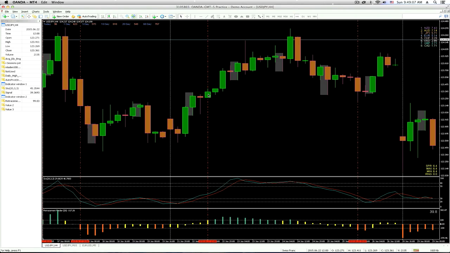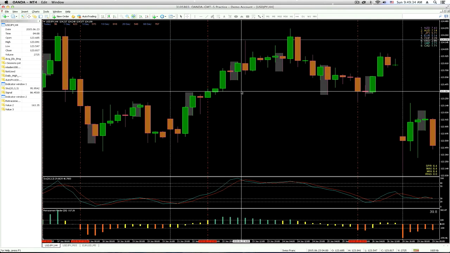I said June 24th. This is June 22nd. As you can see, price just kept going up and up and up, and there was no retrace below the opening price. The opening price being right here.